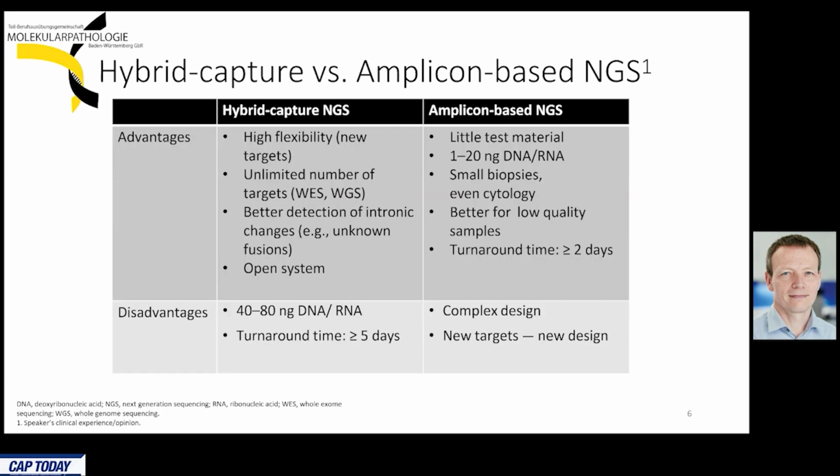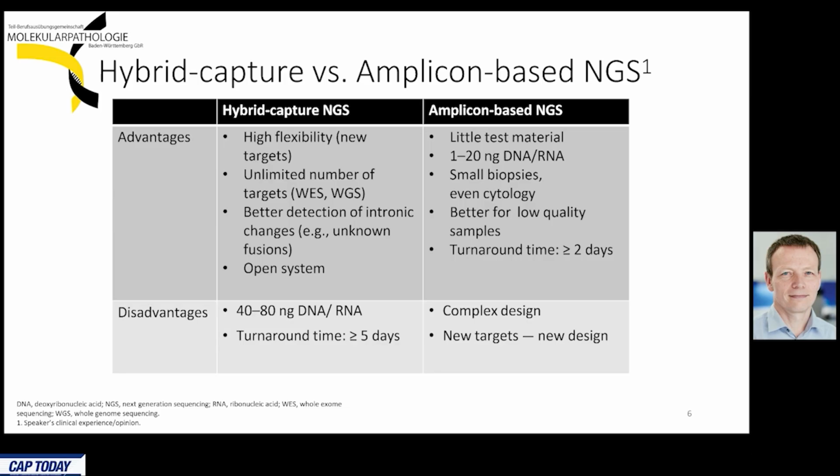Both methods have advantages and disadvantages, of course. The hybrid capture is characterized by a great flexibility. You can add new targets in an unlimited way. That's why whole exome or whole genome sequencing will be done with hybrid capture methods, and it's better for detection of target variants, for example, for unknown fusions.